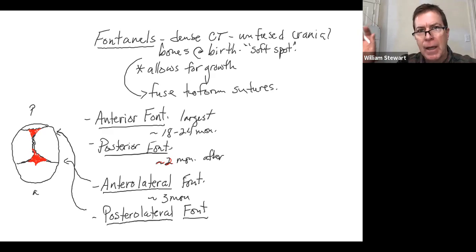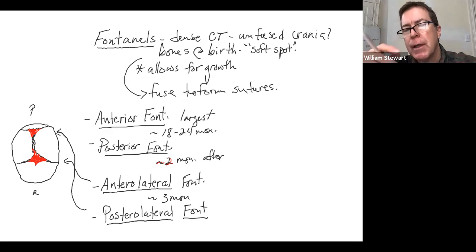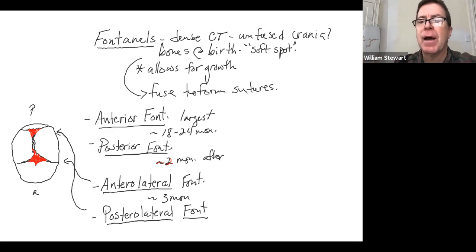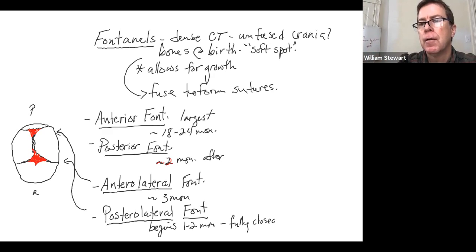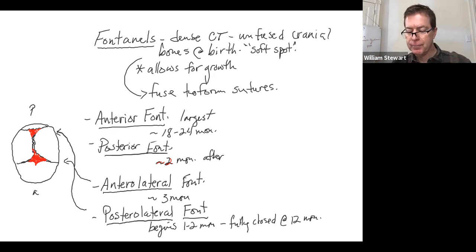It also has this kind of funky irregular shape, and it begins closing about 1 to 2 months after birth, usually completely fuses at about 12 months. So begins 1 to 2 months with closure, and then fully closed at 12 months.